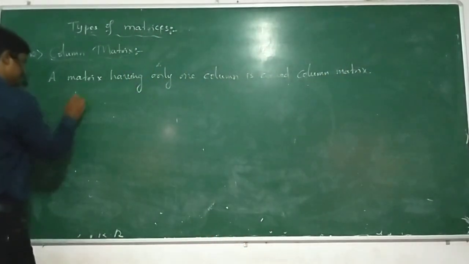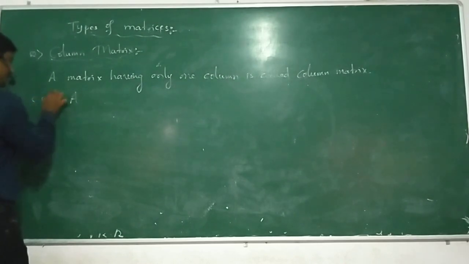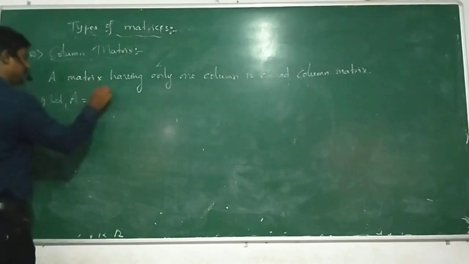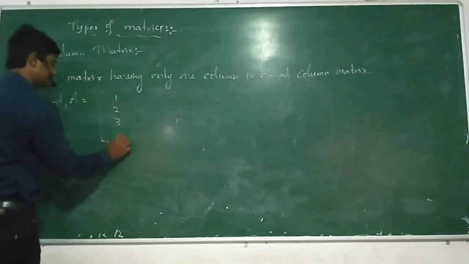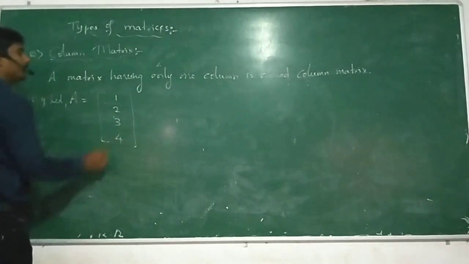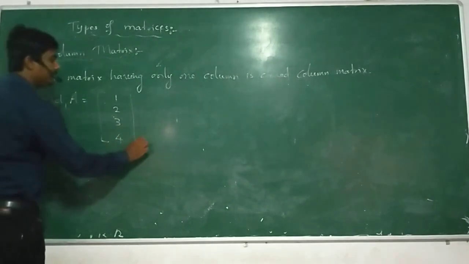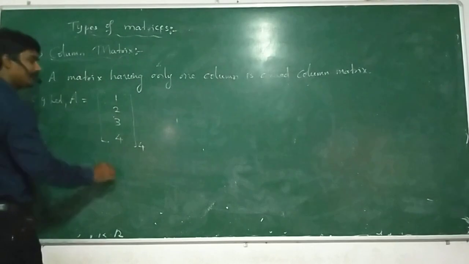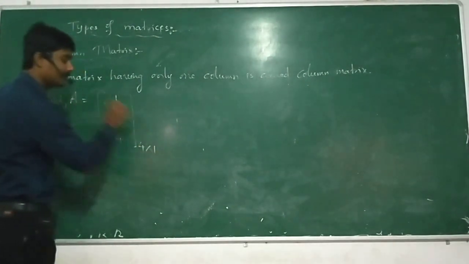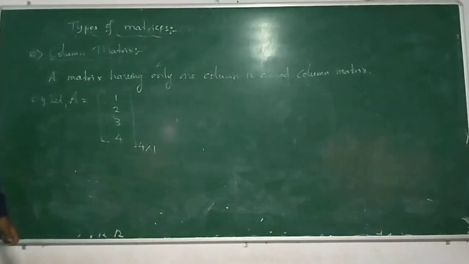As an example, let A equal to this. So how many rows is this matrix having? It is having 4 rows. How many columns? There is only one column. So this is an example of a column matrix.